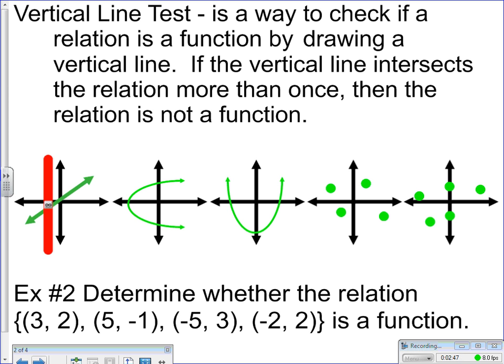How many places does the red line intersect the green line? Only once. So that means it's a function. Now, if I draw a vertical line in the second one, you'll notice that they intersect in 2 places. This tells me it is not a function.